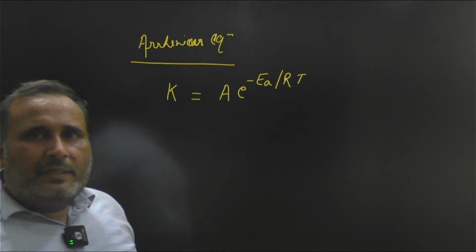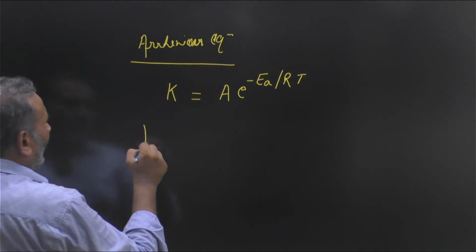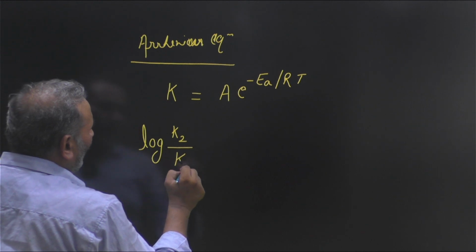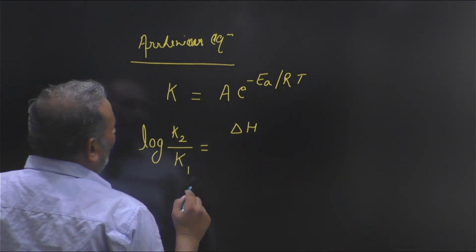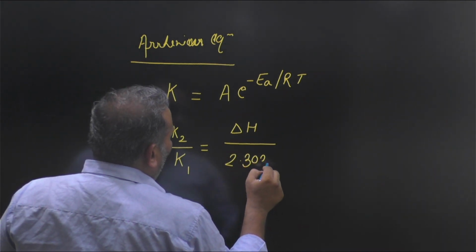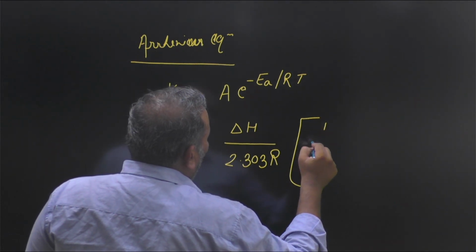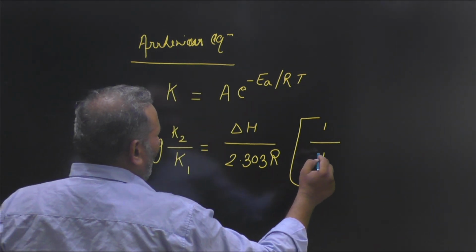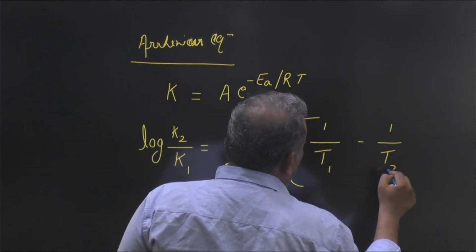From this Arrhenius equation we can derive a relation like this: log K2 upon K1 is equal to delta H upon 2.303 R, times (1 by T1 minus 1 by T2).